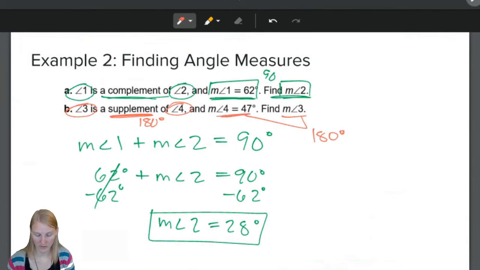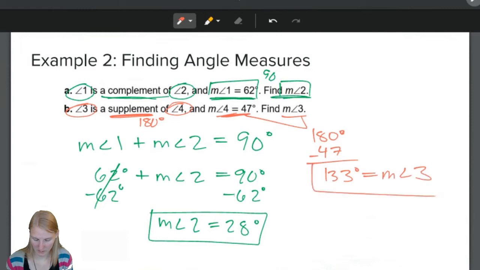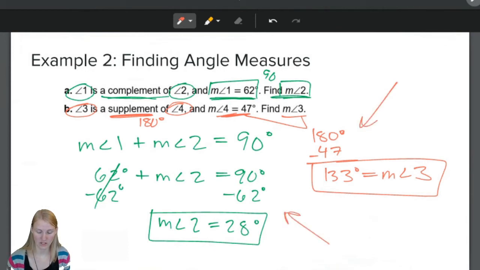If one of those angles is 47, all we have to do is 180 minus 47, which is 133 degrees. So that's what angle 3 is. So you can do this in either of those ways. You can write an equation for it and solve the equation, or you can just kind of reason it through.